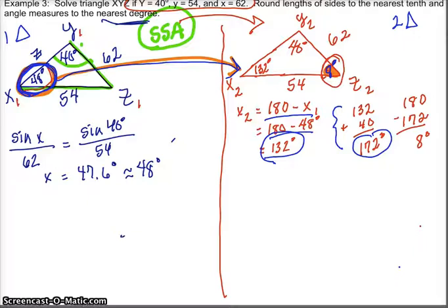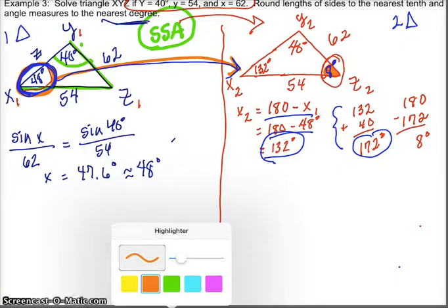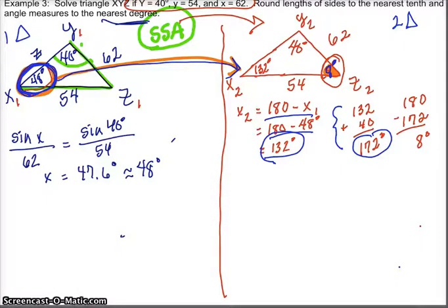So here's your job to earn 1 bonus point on the next quiz. Before you come to class tomorrow, finish solving for triangle 1 and triangle 2. Go back and solve for angle Z sub 1 and side Z sub 1.